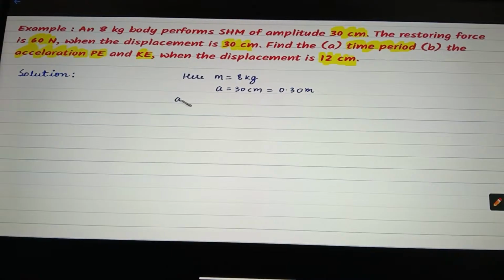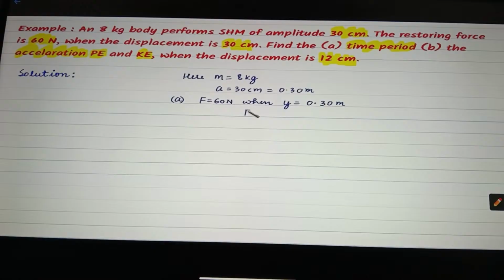Let's do the first part. That's the A part. Here it is given that force is equal to 60 newtons when displacement, let's say y, is equal to 30 centimeters, that is 0.30 meters.